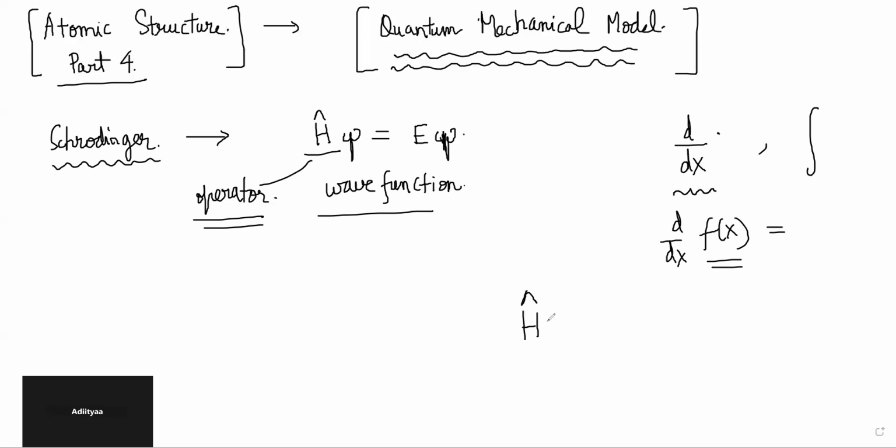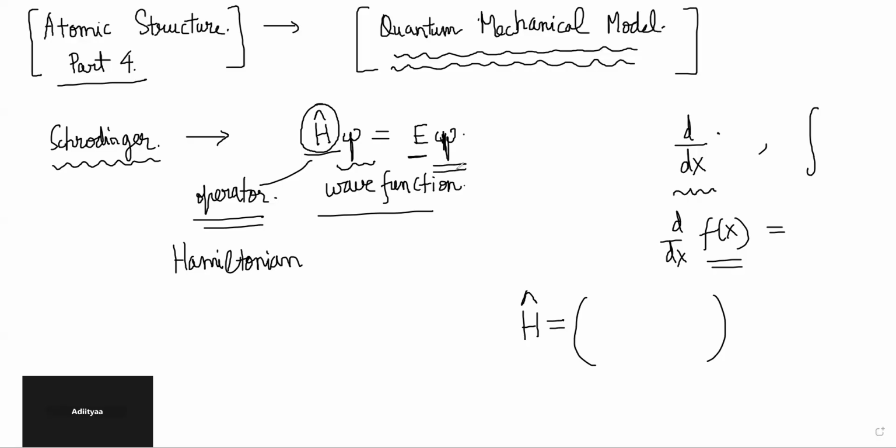Think about this as a complex operator. Inside it, you have to do partial derivatives with respect to x and y, and not a single derivative, but a double derivative. So what we have to do is apply the Hamiltonian operator to a wave function, and that is equal to E times the wave function.